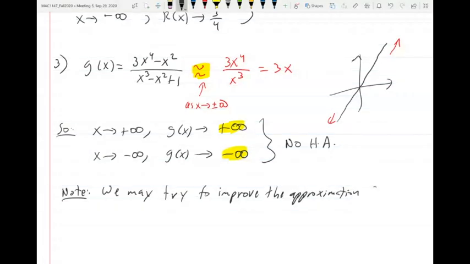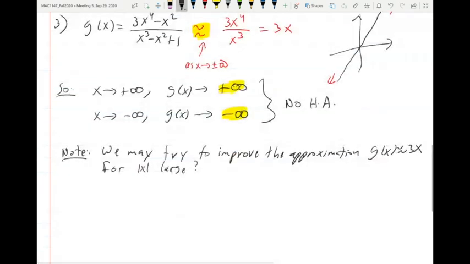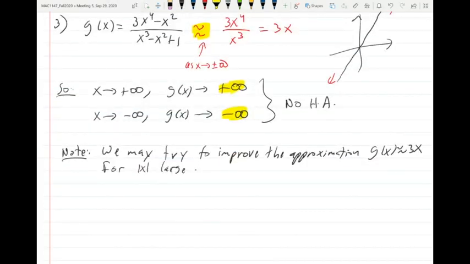We did the approximation that g was about 3x when the absolute value of x is large. That means positive or negative infinity, okay? So to do this, we're going to be using division. We need to divide.